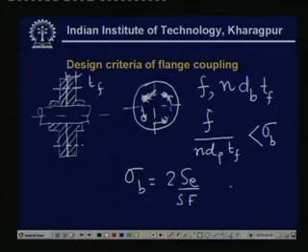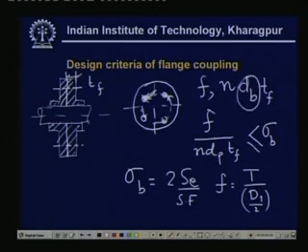And F is again, if you assume the entire force is distributed here, T divided by the radius of the bolt circle, that is d1 by 2. So using this formula we can calculate d_B, the bolt diameter. This is how the bolt diameters are selected.